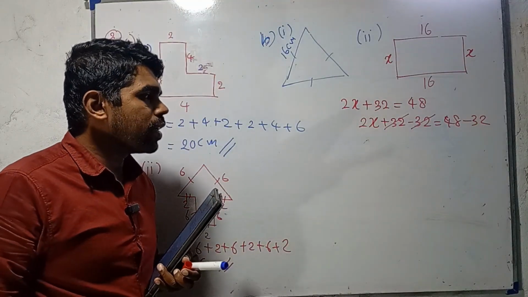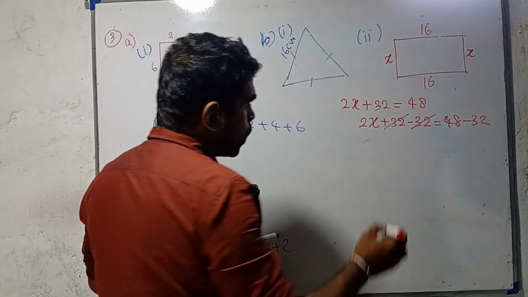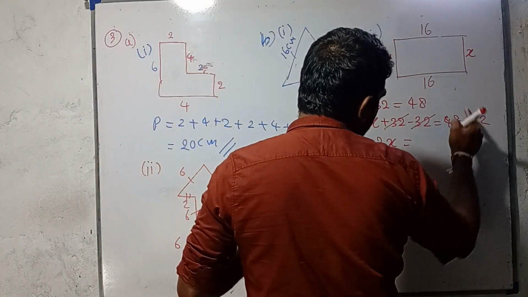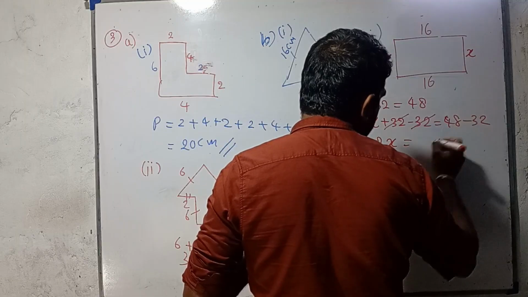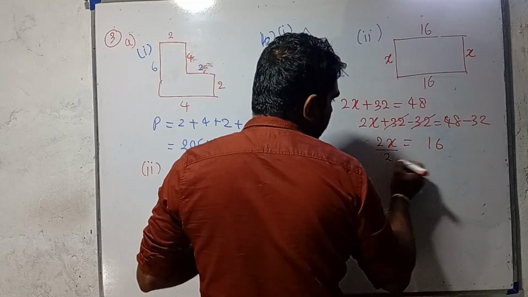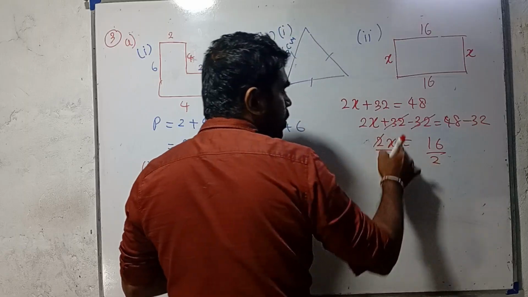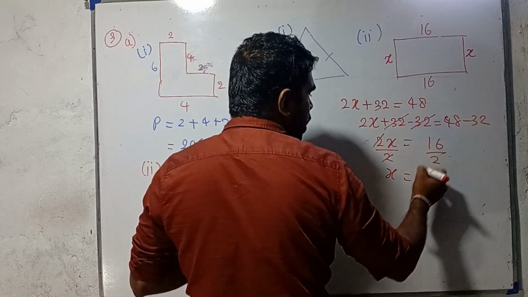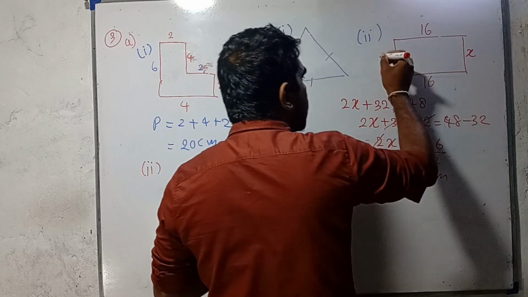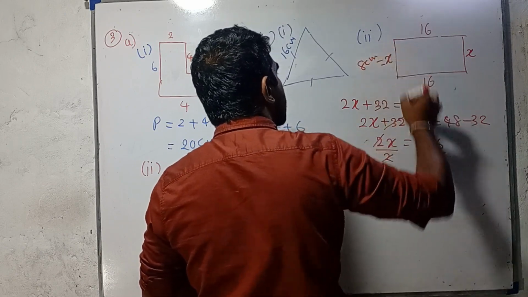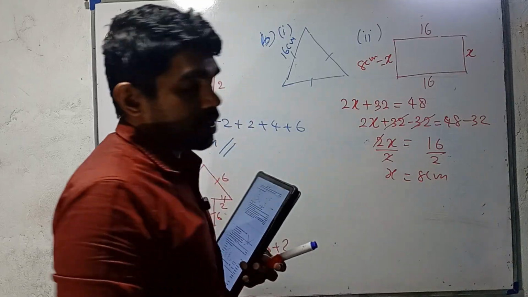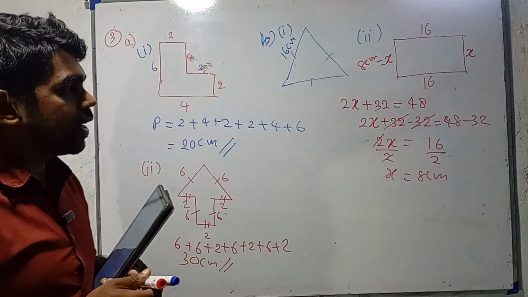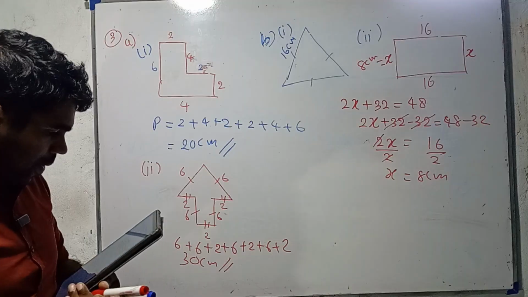Therefore, we can cancel out 32 on the left hand side. 2x is 48 minus 32. 8 minus 2, 6. 4 minus 3, 1. 16. Then we can divide both sides by 2 to get the x value. 16 divided by 2, 8 centimeters. Then this side length is 8 centimeters, meaning the width of the rectangle is 8 centimeters.